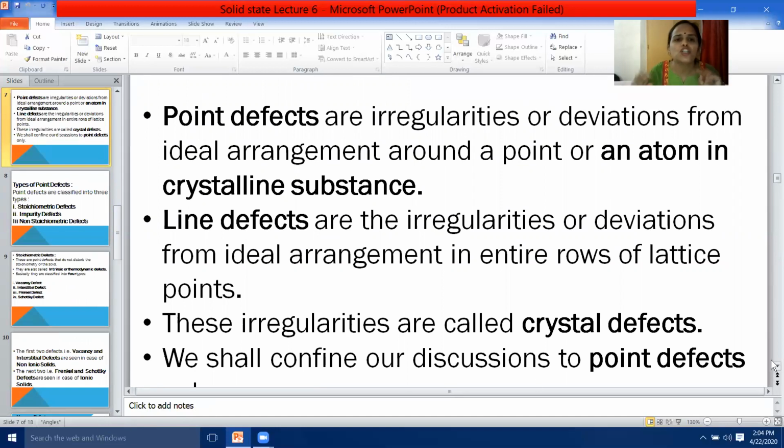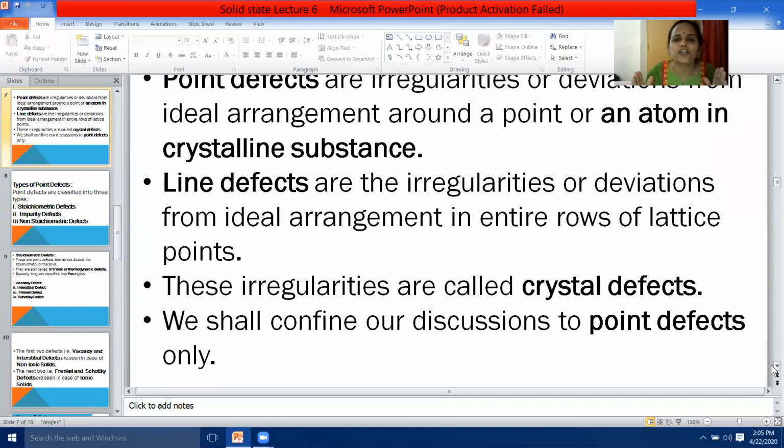Once again, point defects are irregularities or deviations from ideal arrangement around a point or an atom in crystalline substance, whereas line defects are irregularities or deviations from ideal arrangement in entire rows of lattice points.